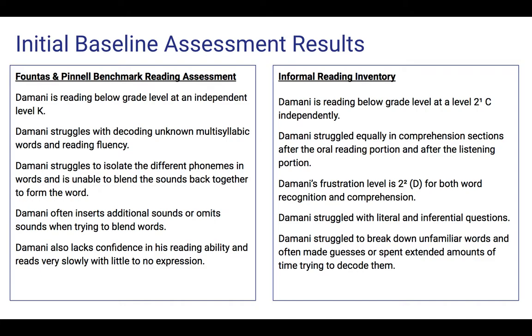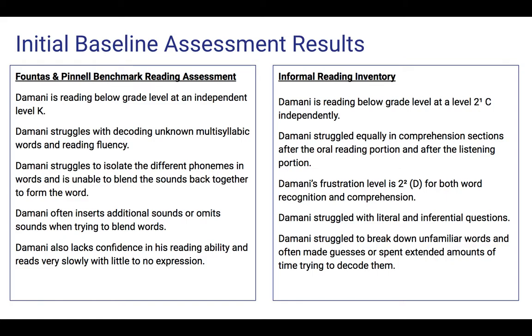Beginning with the initial baseline assessments, Damani received 2 different assessments. The first one is Fountas and Pinnell, which is a reading assessment that determines a student's independent and instructional reading level, as well as any issues that they may have with decoding, comprehension, and fluency as far as their reading rate.